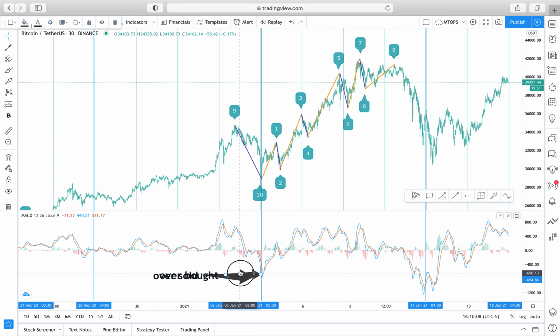All right. And once it's oversold and exhausted itself to the bottom side, it will continue up.